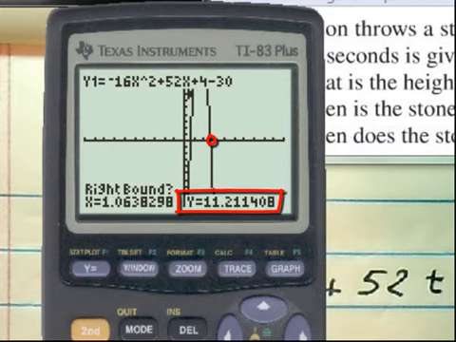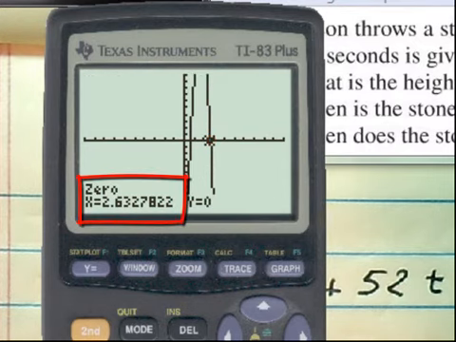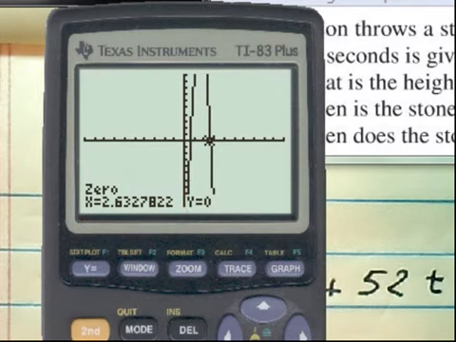And the y value is what I'm going to watch because it will become negative. And see, it went off the screen, but I know it's negative, so I know it's to the right. I'll go up here so you can see that. Enter, enter, and there it is, 2.63. So there's the answer for part B.